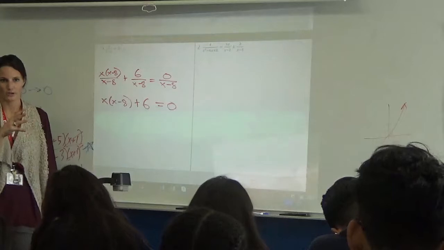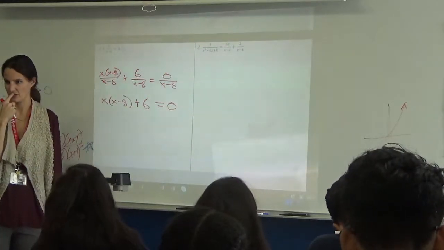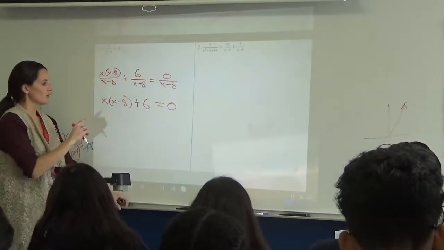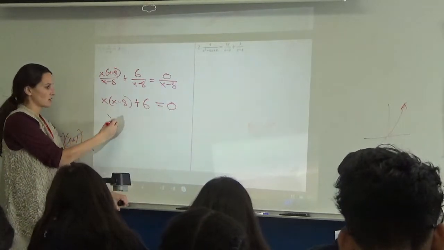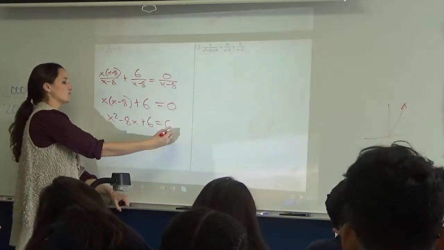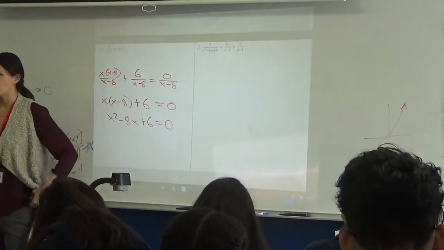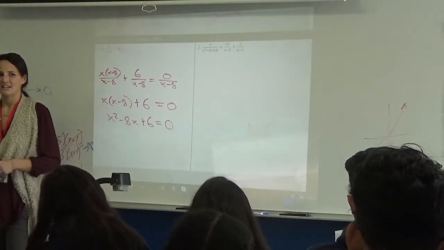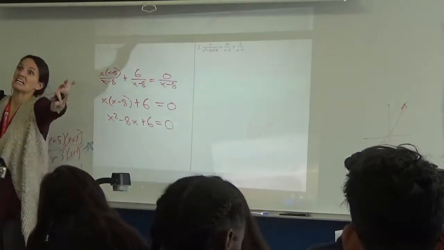We made all the bottoms go away by multiplying by x minus 8 on both sides. And now our last step is to just solve. So I'm going to multiply these: x squared minus 8x plus 6 equals 0. This one's fun because your box is not going to work. I know, tragedy.